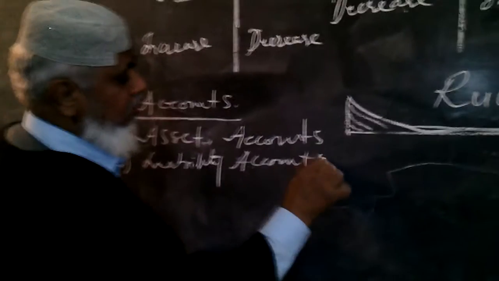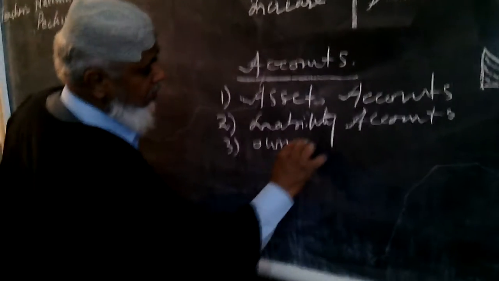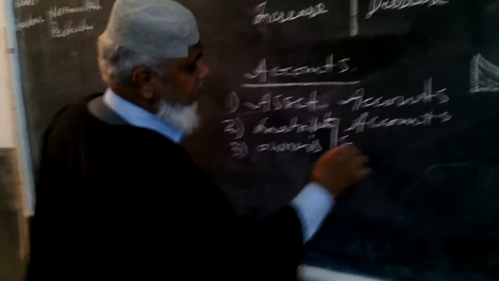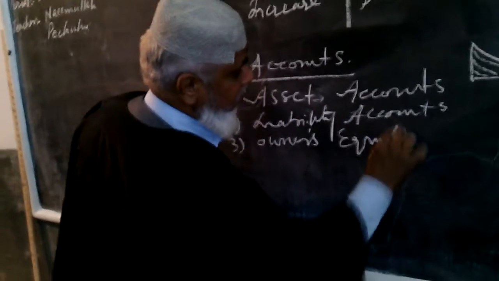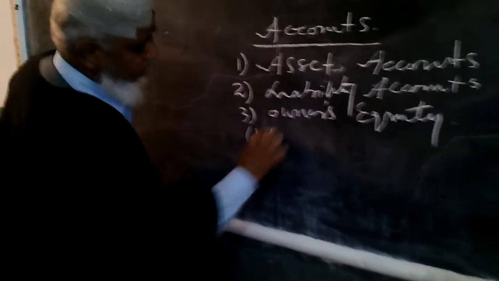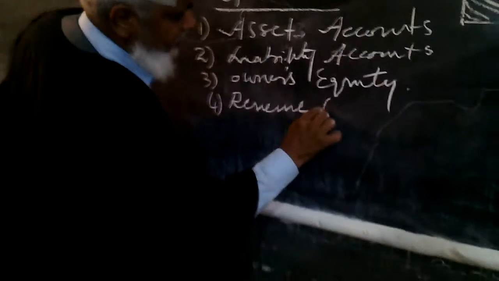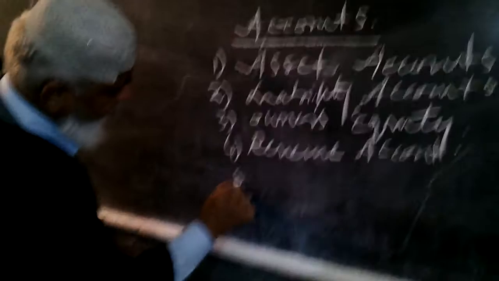Second, the liability account. Third, the owner's equity account. Fourth, the revenue account. Last is the expenses account.